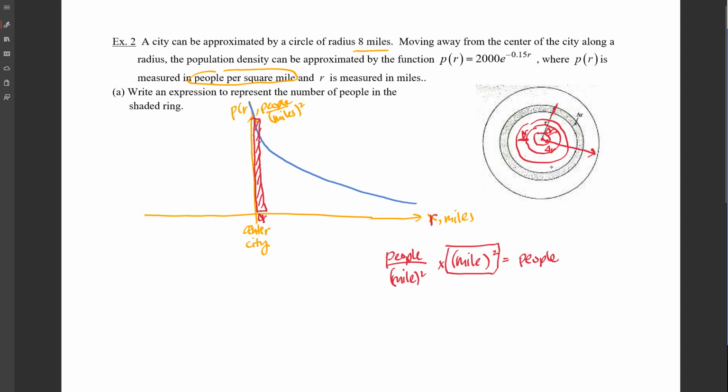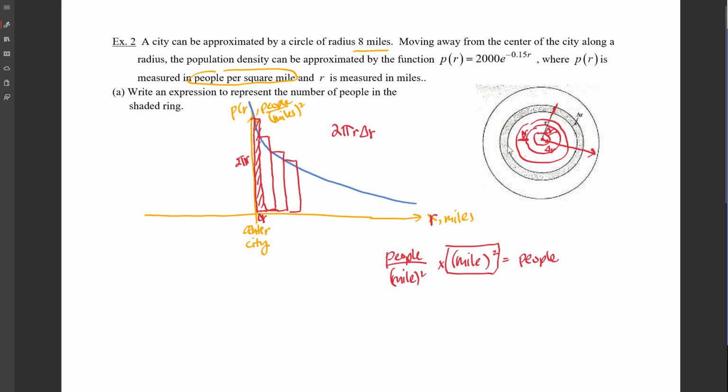What would be the length of this string if I cut it? It'd be 2 pi r, right? So the area of each one of these red boxes, I'll make another box, and another box, is actually 2 pi r times delta r.